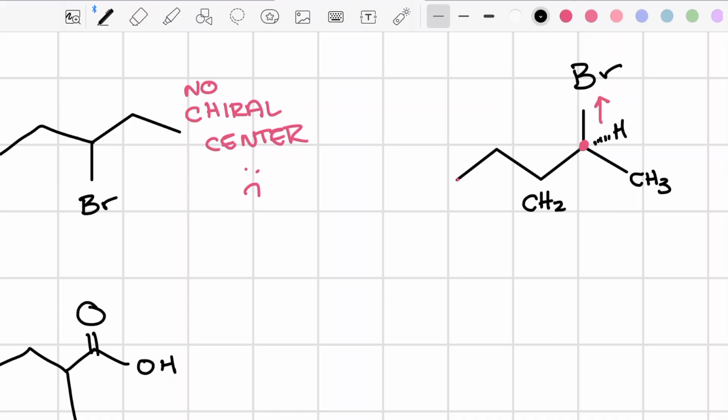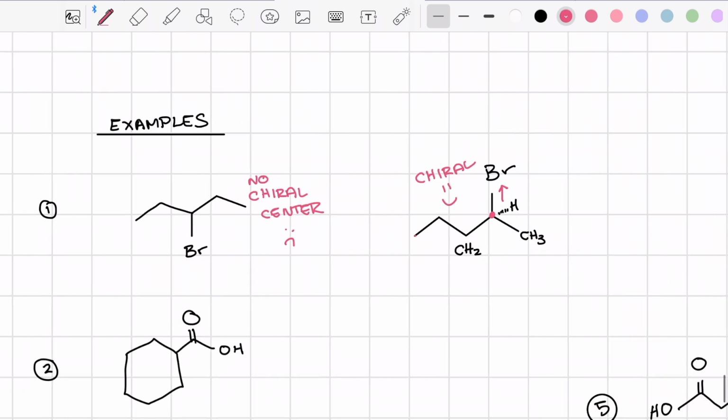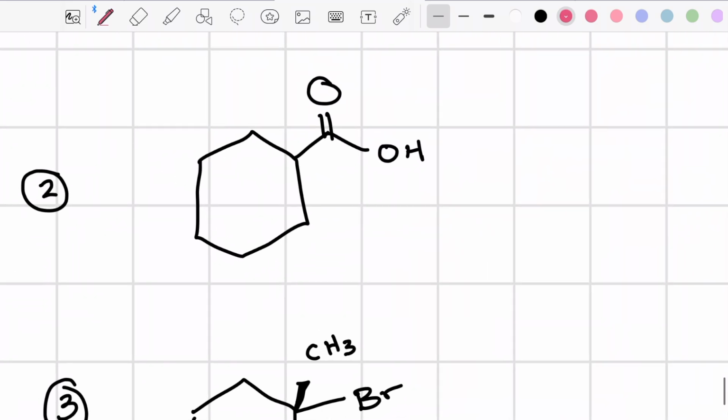This CH2 is also next to CH2 and then a CH3, but regardless, this CH2 is different than this CH3. And that means we have 4 different groups, which makes this a chiral center. We're going to write chiral. Smiley face. Yay.